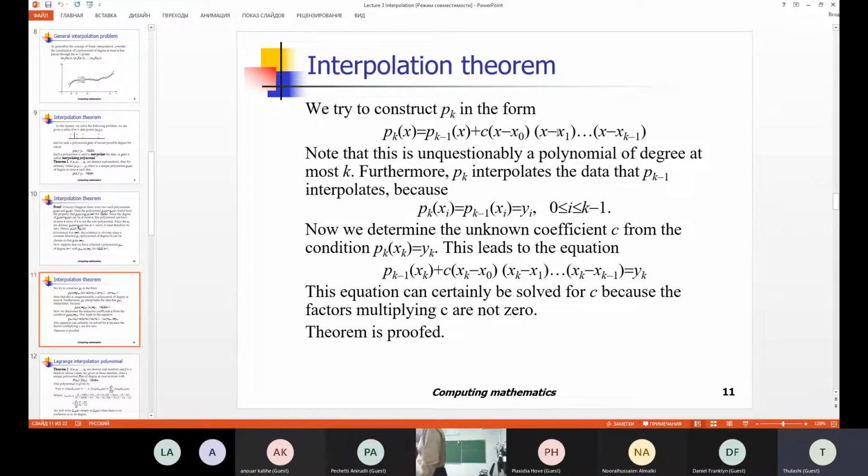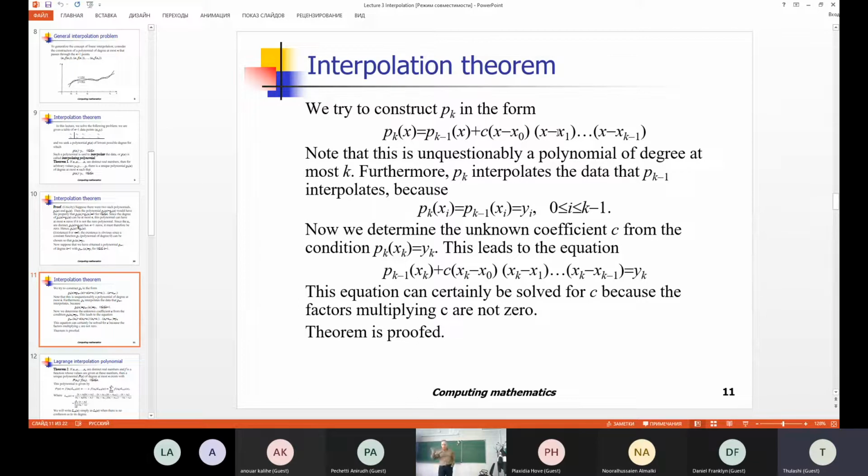Zero. I get 0 plus 0. If I substitute x0, 0, x2, 0, x3, 0, for all x from x0 to x_{k-1}, this term will be 0.